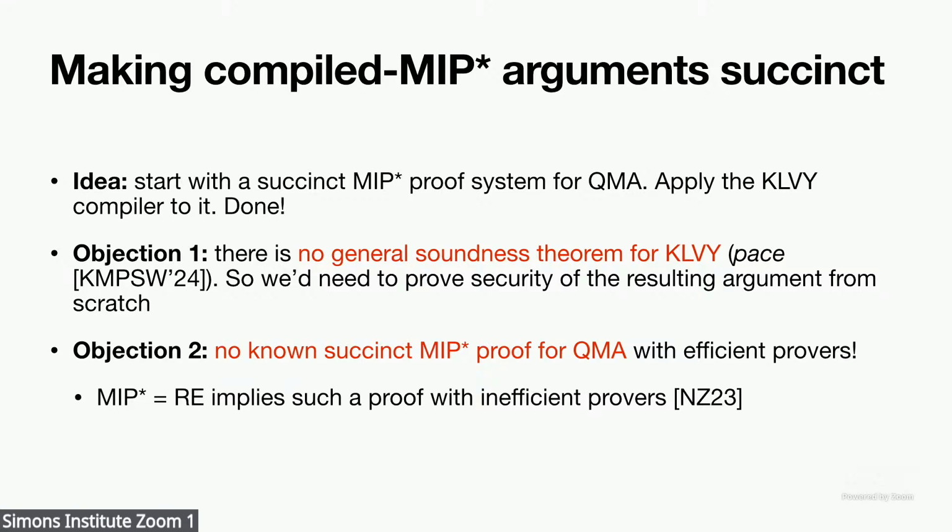It's equal to RE. You can decide undecidable languages with an MIP star proof system. And this does imply that there's an inefficient proof system for QMA with very short messages indeed, something like constant size questions and polylog sized answers. But the provers are ridiculously inefficient in this thing. So it's no use for our purposes.